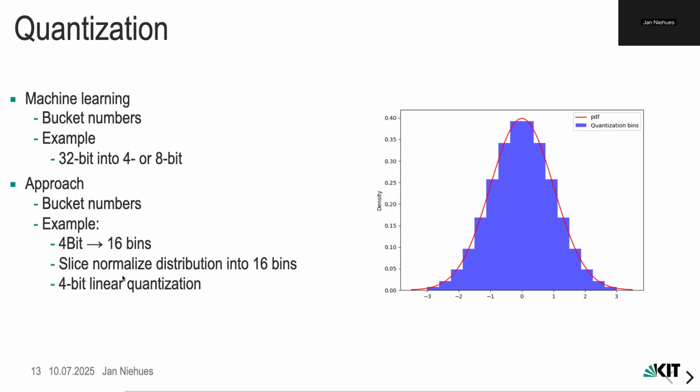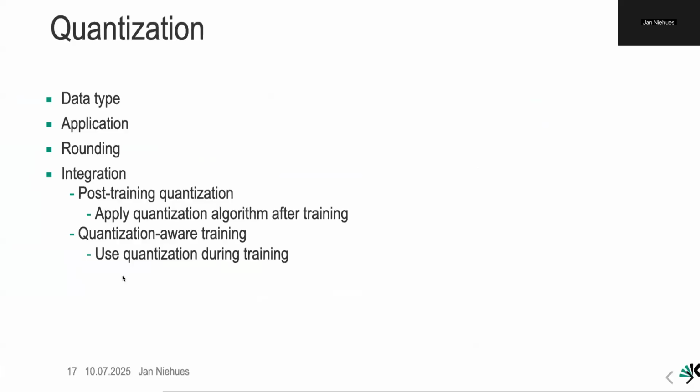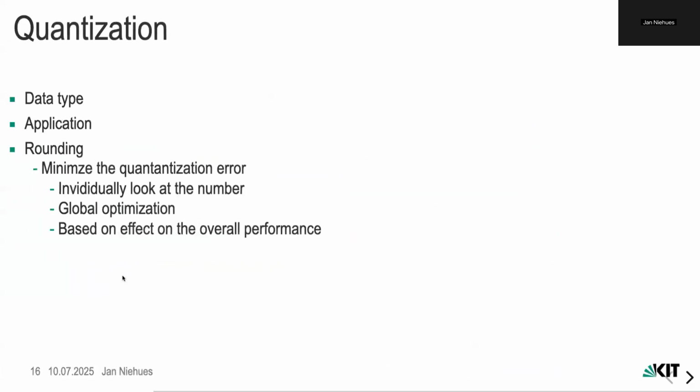So if you want to optimize not individually for each value itself, but more globally, you try to optimize the overall performance and adapt that. So that you're not just always rounding to the next, but you also consider what the rounding errors are at other values, so that in general, overall, you have the minimal rounding error.